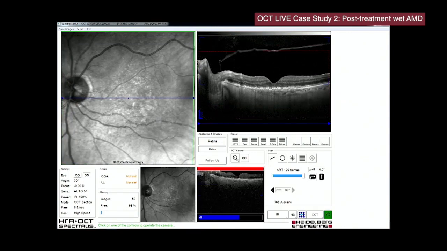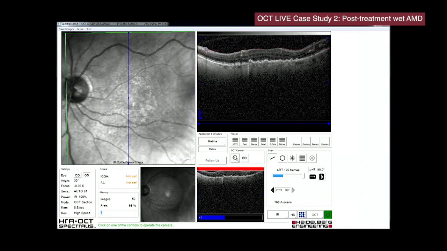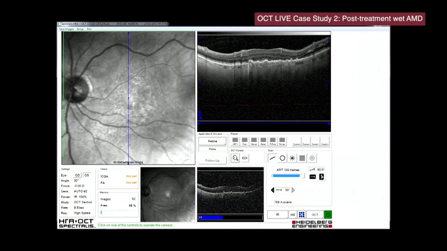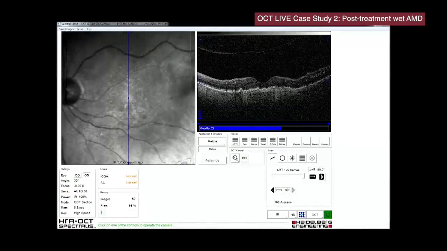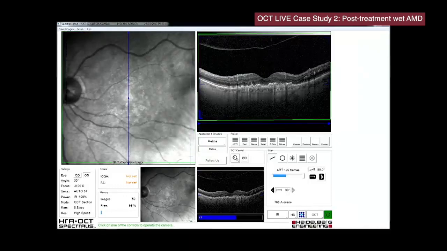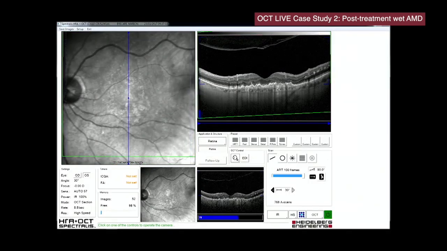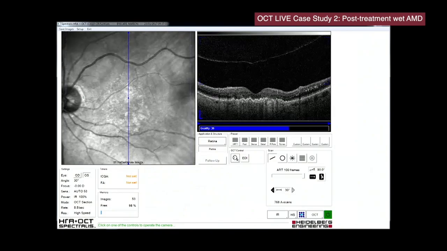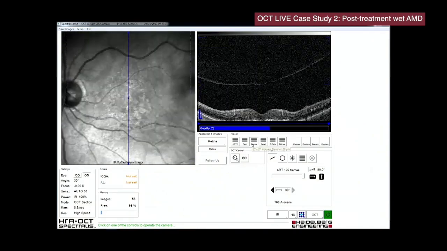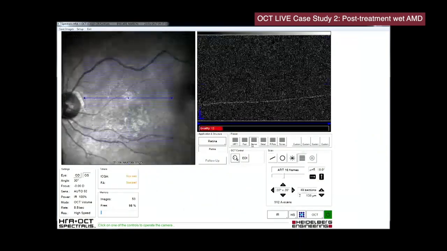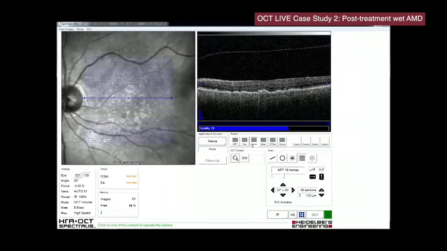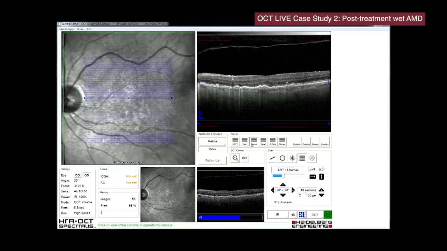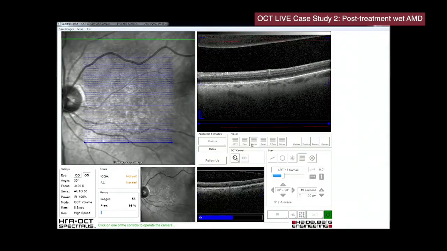Okay, you see the posterior hyaloid, posterior vitreous detachment, vertical scan. Okay, so again, the RPE change is very, very visible using infrared reflectance.